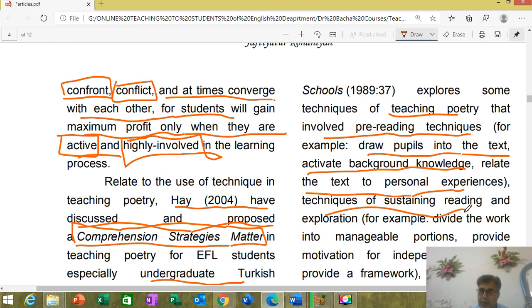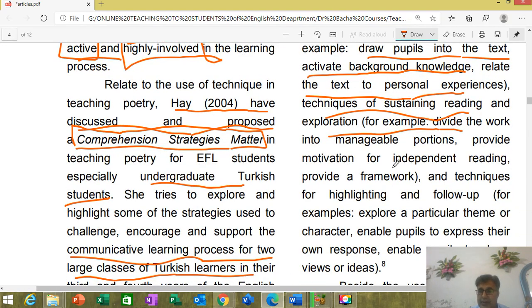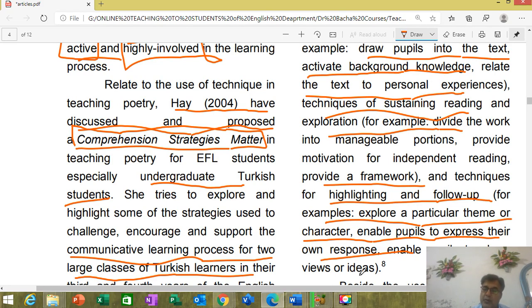Techniques for sustaining reading and exploration, for example, divide the work into manageable portions and provide motivation for independent reading, provide a framework and techniques for highlighting and follow-up. For example, explore a particular theme or character, enable pupils to express their own response, enable pupils to share views.